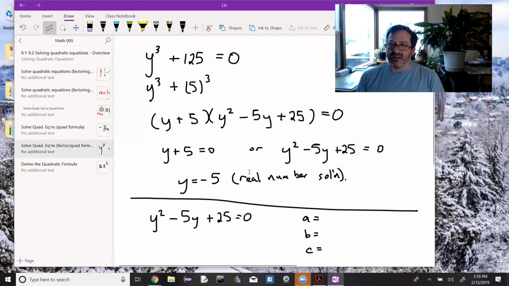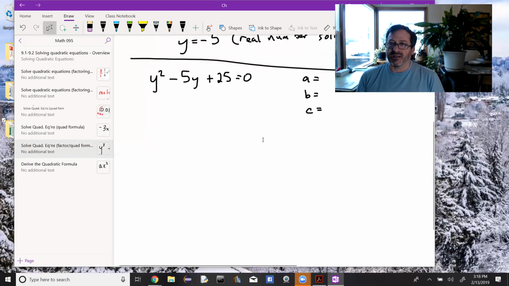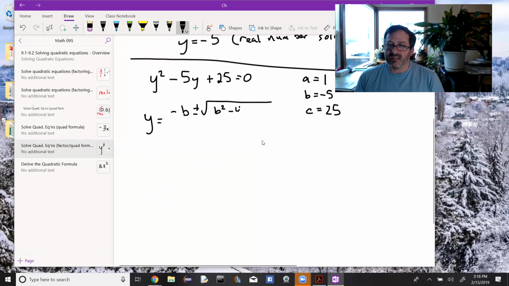I'm going to scroll down so I can just focus on this part. So a is 1, b is a -5, and c is a positive 25. I'm going to rewrite the quadratic formula. Y equals -b plus or minus the square root of b squared minus 4ac all over 2a.